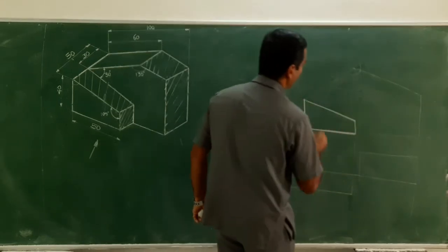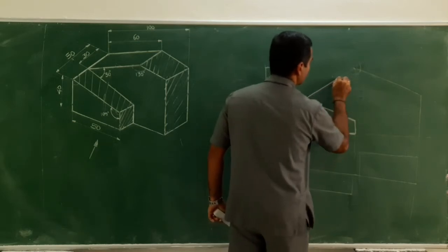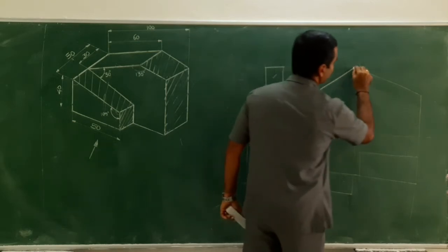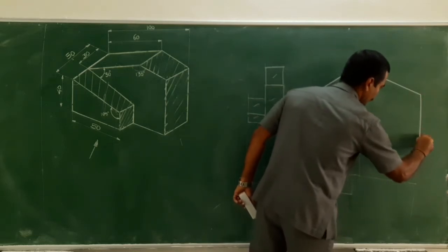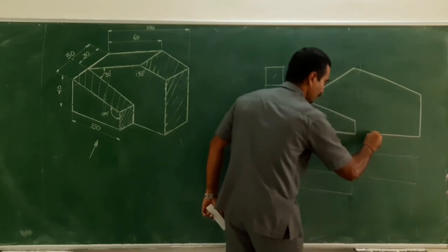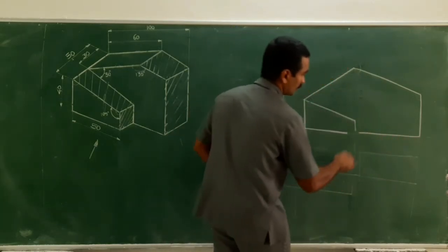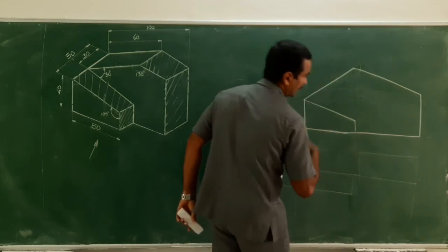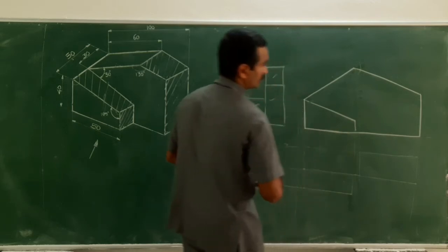So all the outlines should be drawn as thick, which is nothing but the object line. Excellent. Should not overlap. Though it is freehand sketching, the continuity should be there, right?